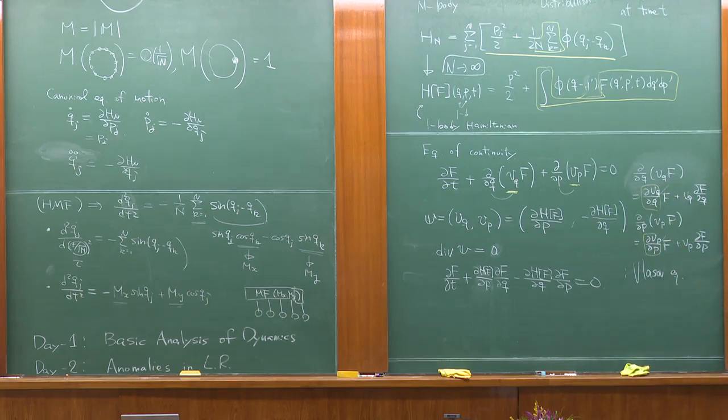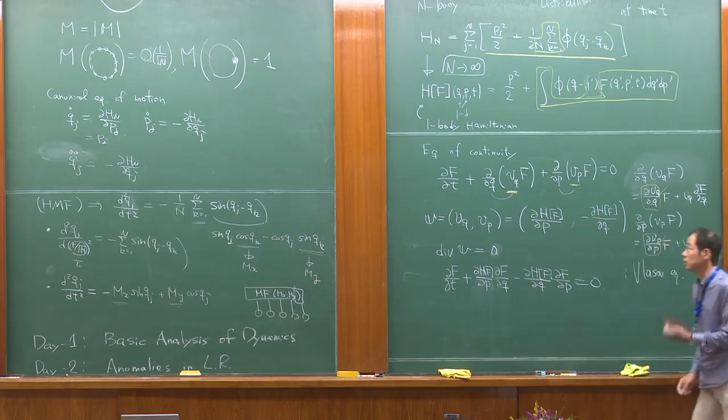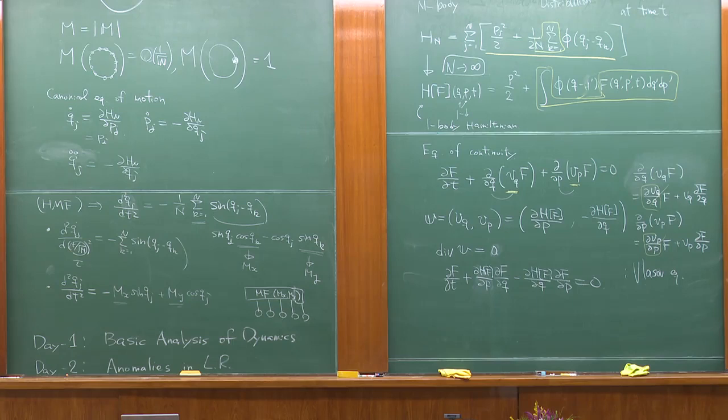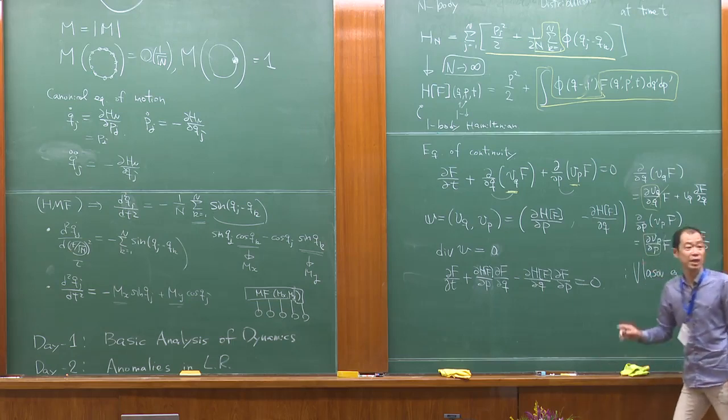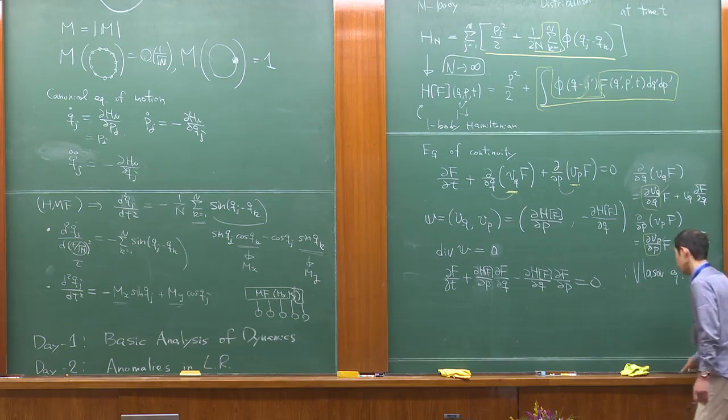Yeah, if that is true, so I'm asking why do we need that to be 0? It's a consequence of the Hamiltonian structure. Do you mean why the divergence is 0? Okay, it is very simple.